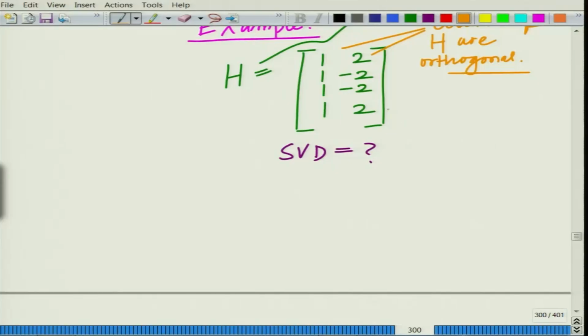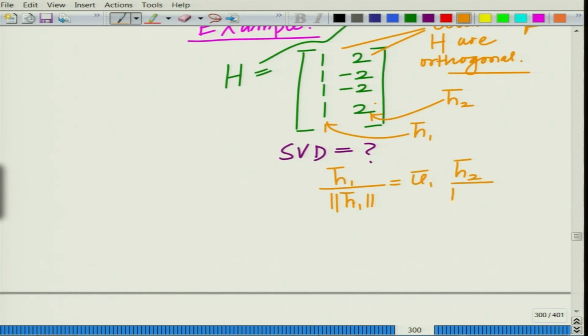Look at this, this is your H1 bar and this is your H2 bar. We perform H1 bar divided by norm H1 bar, and that will become our U1 bar, and H2 bar divided by norm H2 bar will become our U2 bar. So, what is the norm of H1 bar?